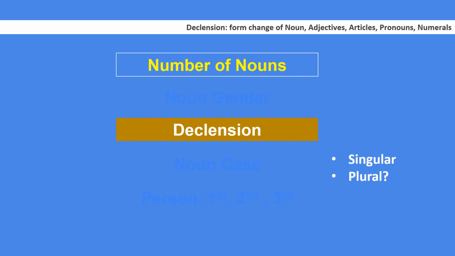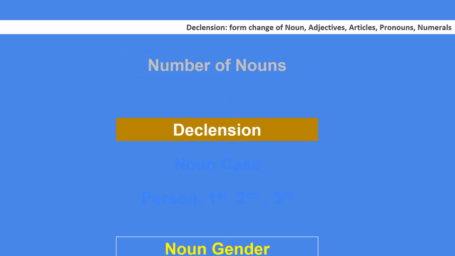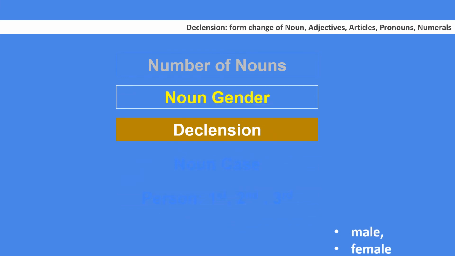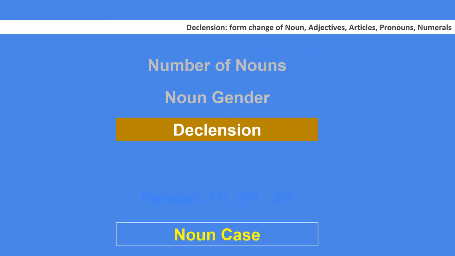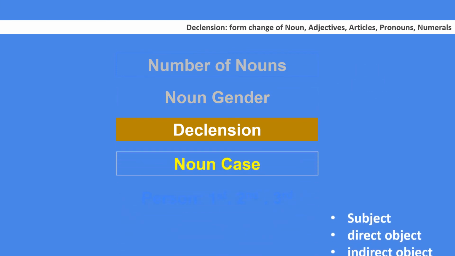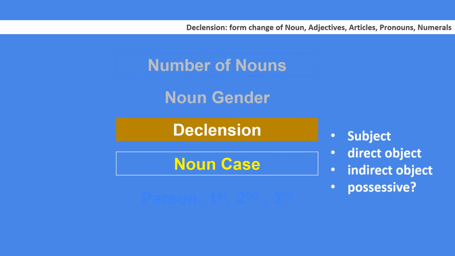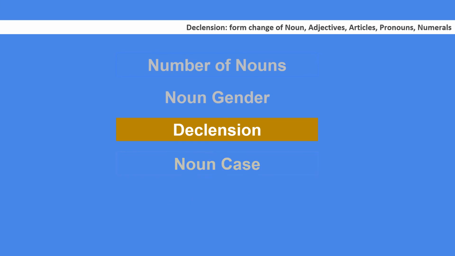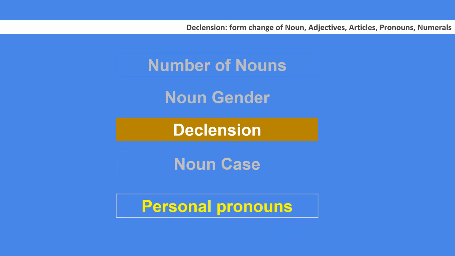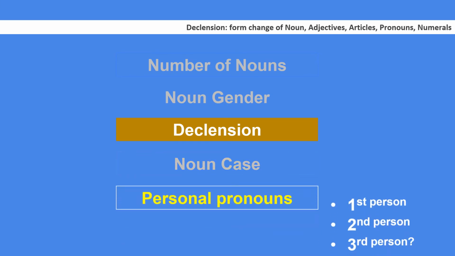Is the noun singular or plural? Noun gender. Is the noun male, female, or neuter? Noun case. Is the noun a subject, a direct object, an indirect object, or possessive? And in the case of personal pronouns, is it the first, second, or third person?